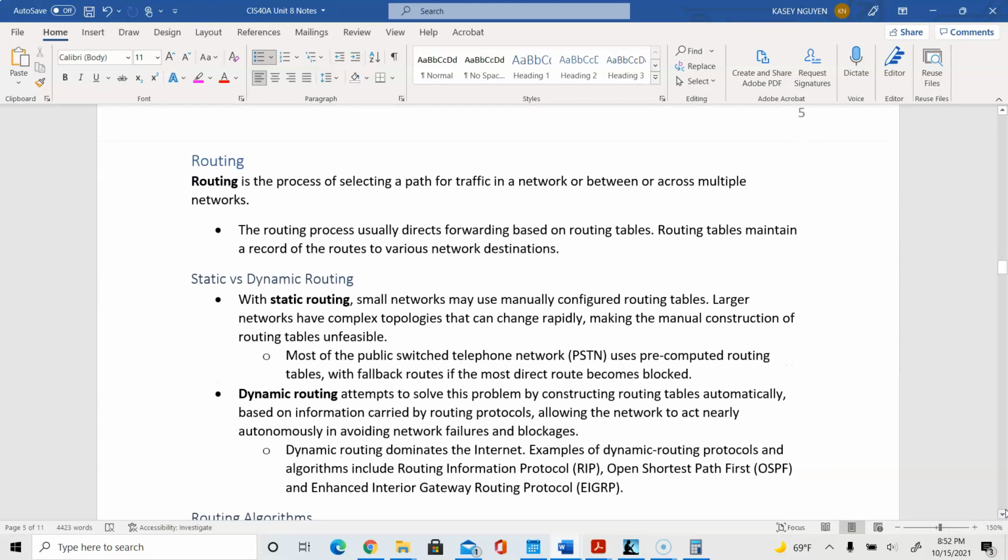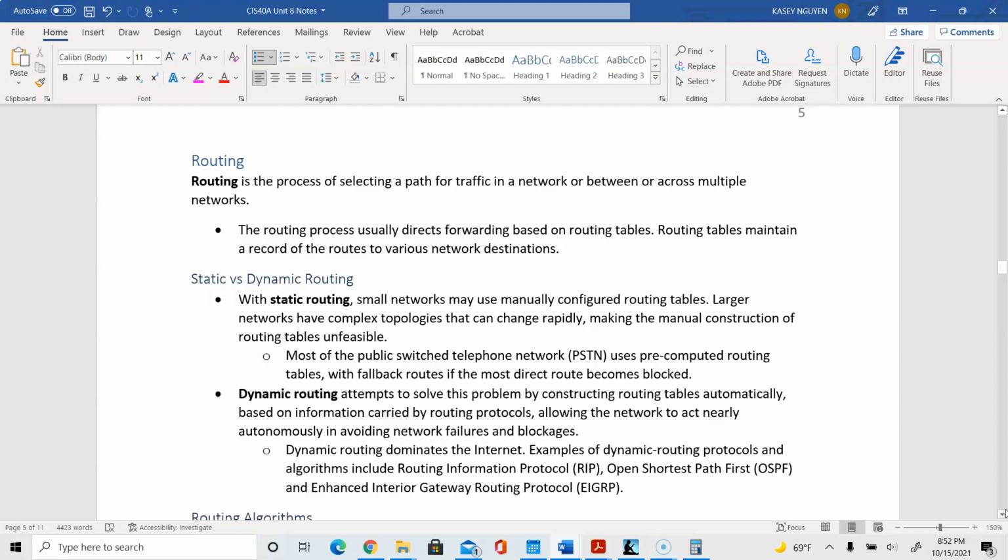So routing is a process for the system to select a path that will be able to forward the traffic between the networks. And when a router does this, it will communicate with other routers in its surrounding area, so that way it can forward that packet to the right destination. There are two types of routing.